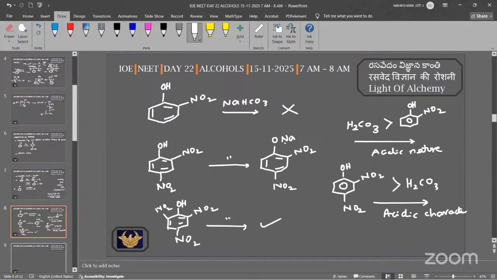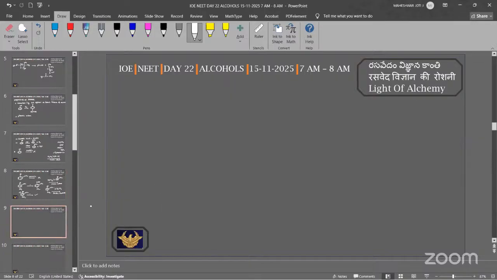Clear? Now, almost all reactions of phenol you have studied in electrophilic aromatic substitution reactions, under benzene containing electron releasing groups.